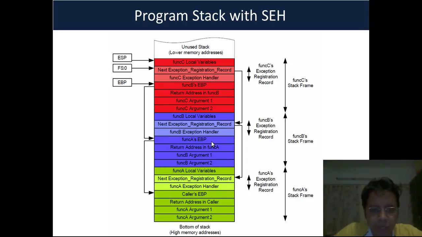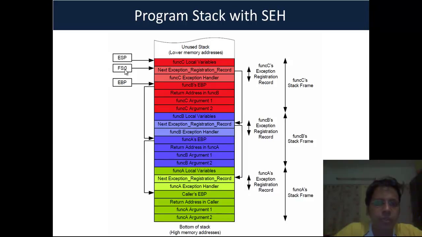Similarly, in function B, we are going to have the next exception handler pointer, then the function B exception handler, and then the local variables, and similarly for function C. Now if you remember, we had said that the exception registration records are all linked lists, and this is where, if you notice, we basically have this whole linked list given.